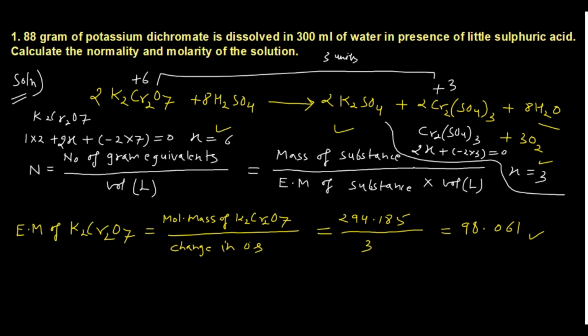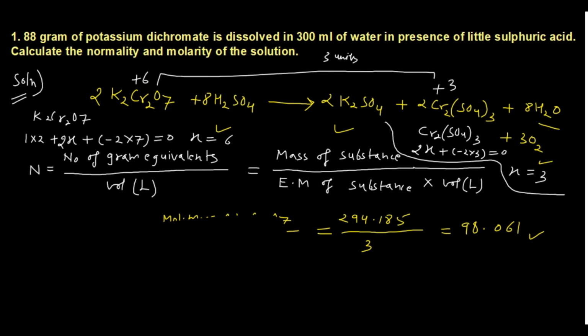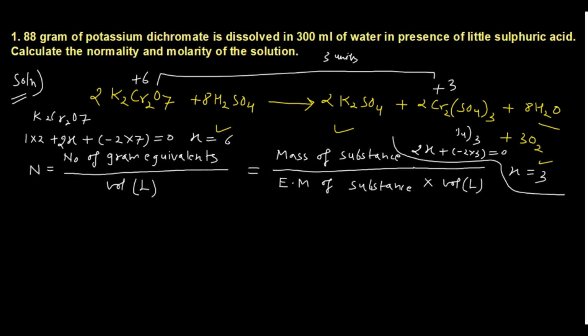Now I want a little space. So what I am doing, I am removing this part. Okay, I am removing this part 98.061. Okay. And I am also removing this part which I have already explained to you, right? Because I need some space. Right. So now I am going to solve the problem.